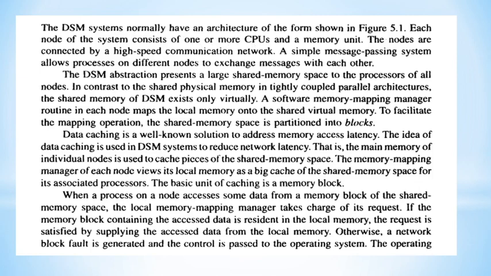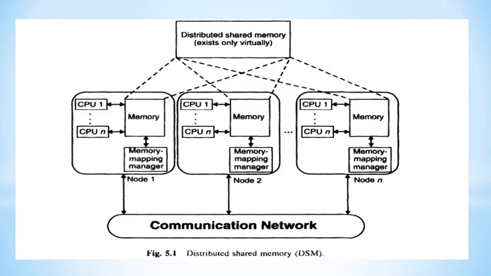The distributed shared memory abstraction will give a large space to all the processors of every node. But in tightly coupled parallel architectures, the shared memory of DSM exists only virtually. So to facilitate the mapping operation, the shared memory space is divided into groups of blocks.